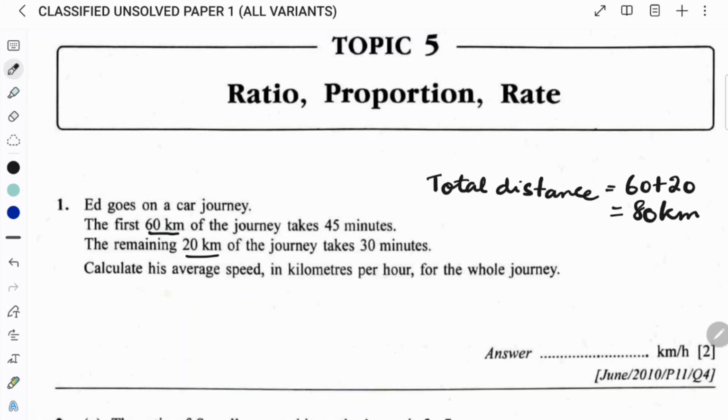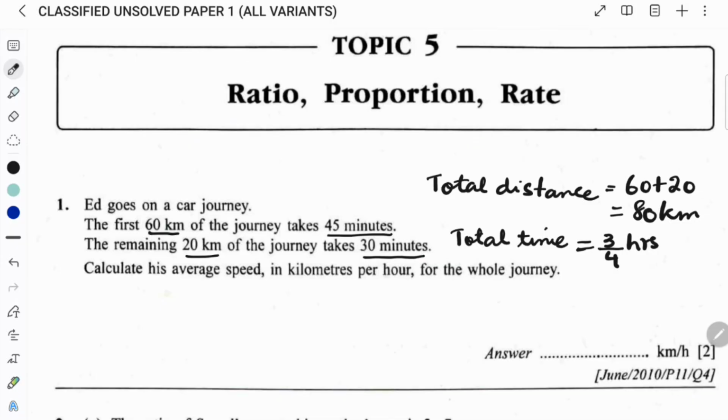All right, then afterwards we'll have to find the total time. The total time is 45 minutes, and 45 minutes means 3/4 hour. If you don't know, just do 45 divided by 60, that will become 3 upon 4 hours. Why are we keeping it in hours? Because we want the average speed in kilometers per hour. Okay, and the other time is 30 minutes, and 30 minutes is half hour.